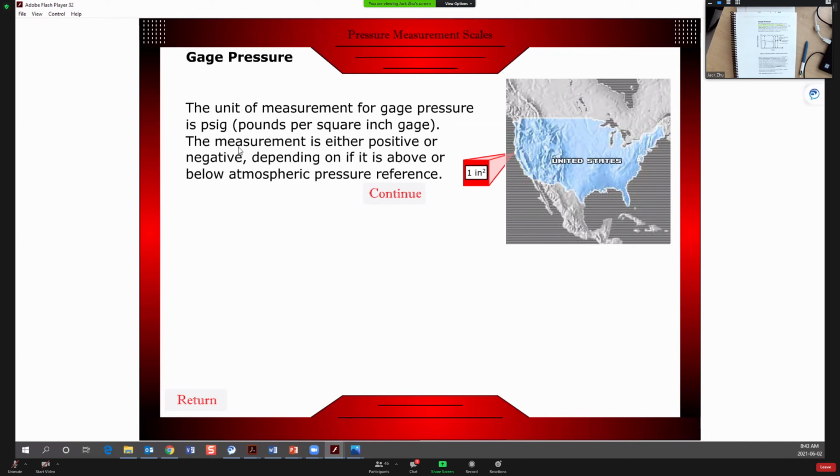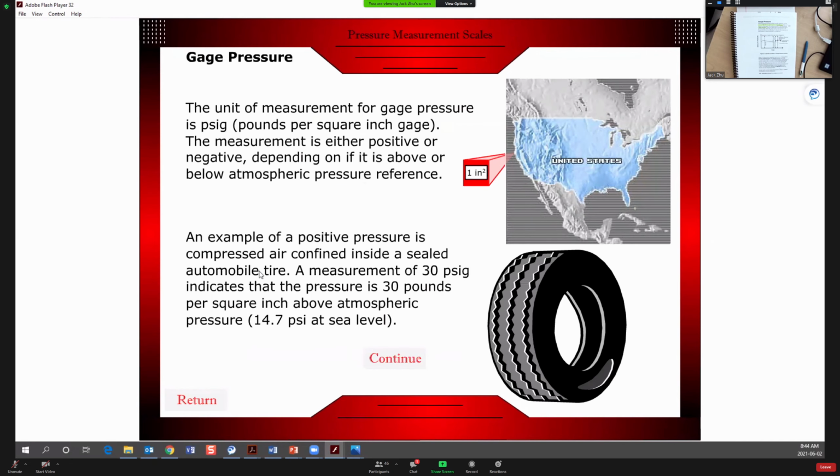The measure is either positive or negative, depending on whether it is above or below the atmospheric pressure reference. The air inside a tire, so 30 psig, is above the atmospheric pressure.